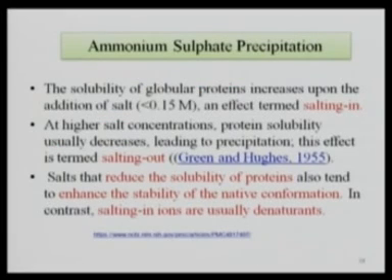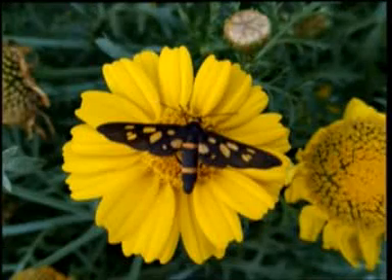At the end, we will be using a method called ammonium sulfate precipitation, which is again useful for concentrating proteins. So friends, so far we have discussed various methods like centrifugation, dialysis and ammonium sulfate precipitation. All these methods are useful for the concentration of proteins.